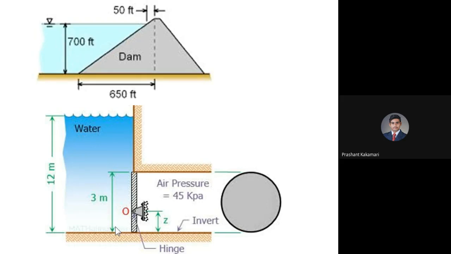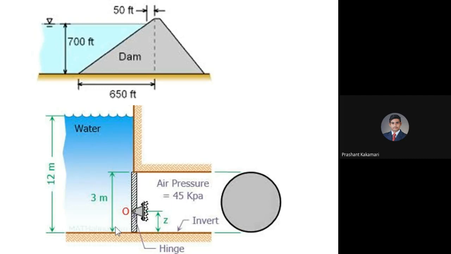But as I move downward, what will happen? The z value, or h value, goes on increasing as we increase the depth. Due to this weight of the liquid, the pressure value goes on increasing as you move from the tip to the lower side of the wall along the inclined surface.